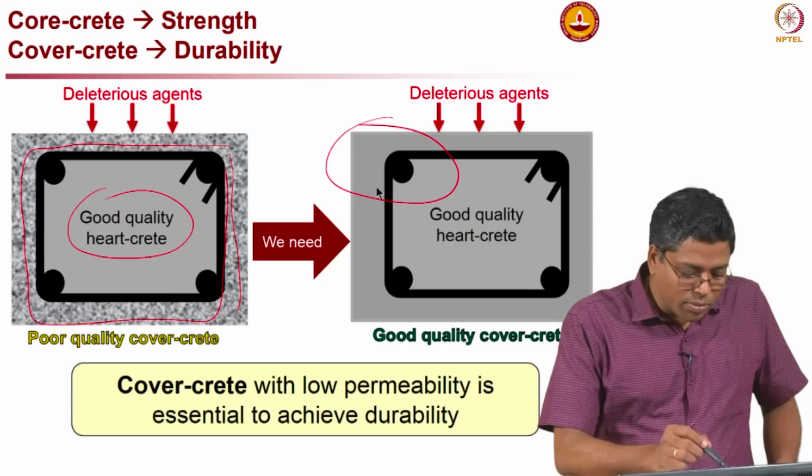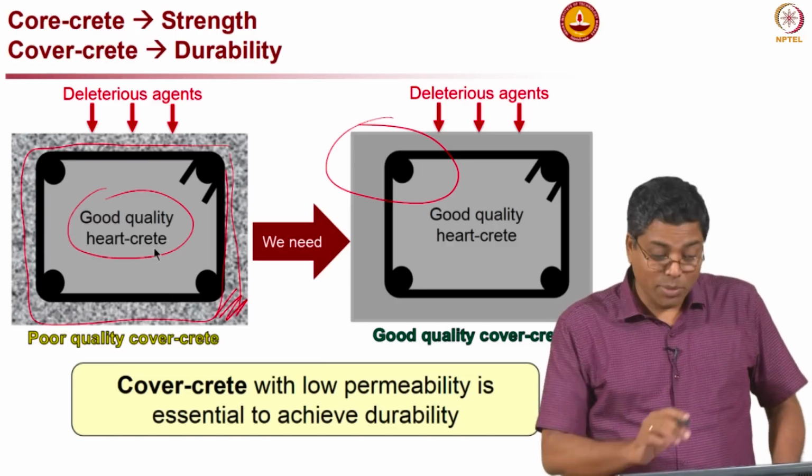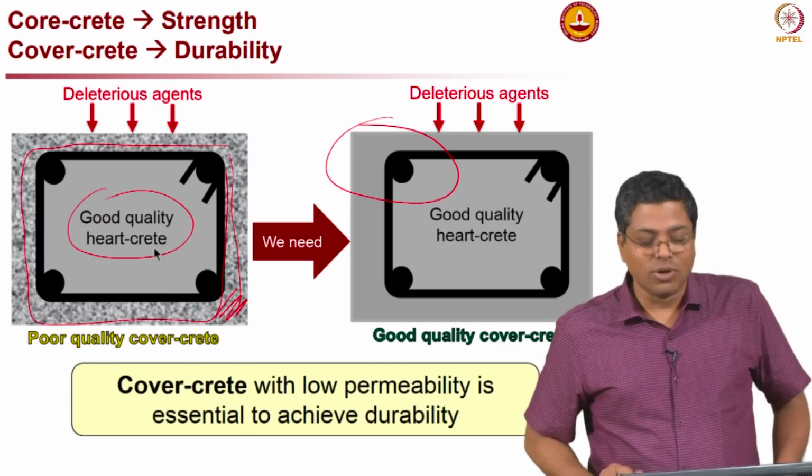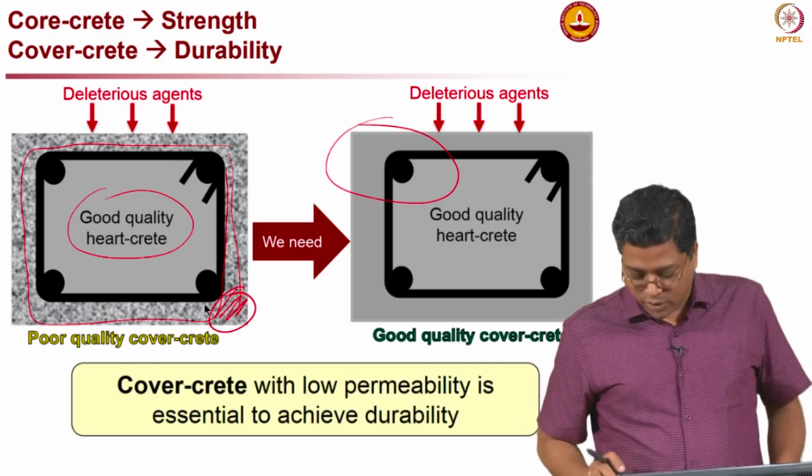When you talk about durability, we must worry about the cover concrete. I am not saying not to worry about the core concrete, but we must worry about the cover concrete. That is very important. I think with that we end part 1 of this module on chloride induced corrosion and service life of reinforced concrete structures.